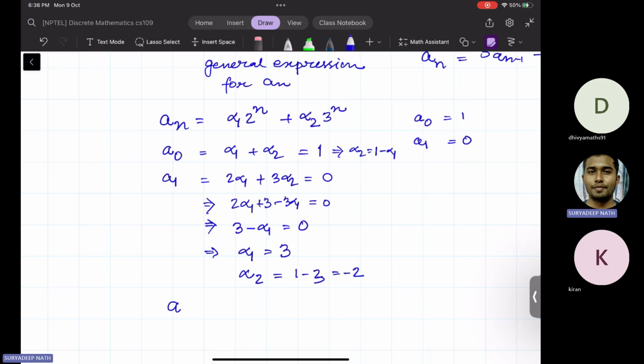So our a_n would become 3 times 2 to the power n minus 2 times 3 to the power n.